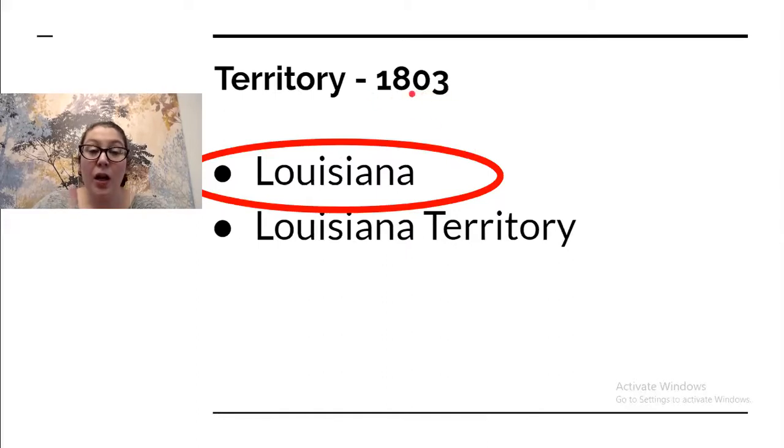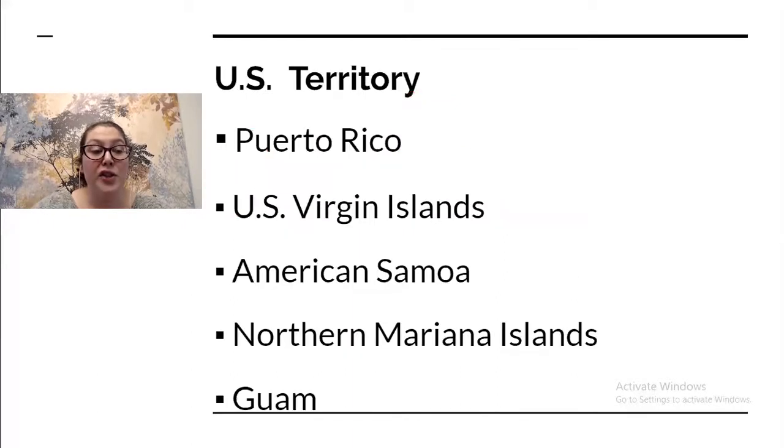Louisiana. Please do not confuse this with the question about U.S. territories. This is current territories, or right now. So the question is, name one U.S. territory. You just need to remember one of these places.